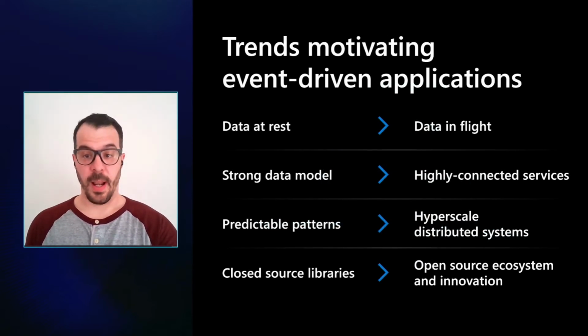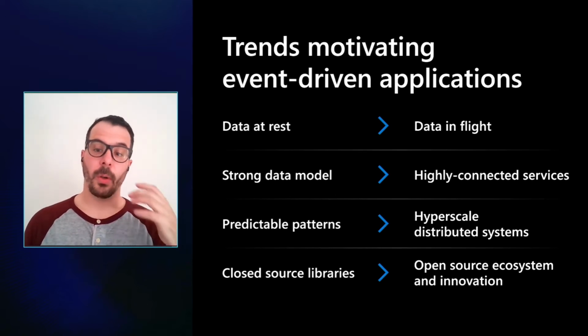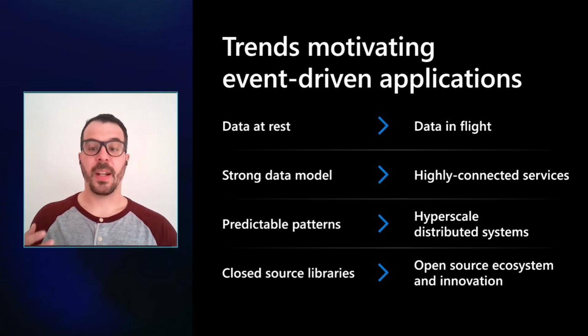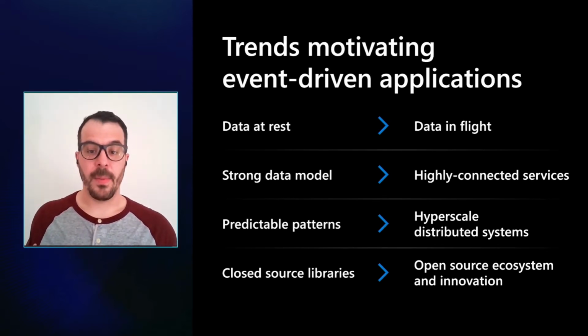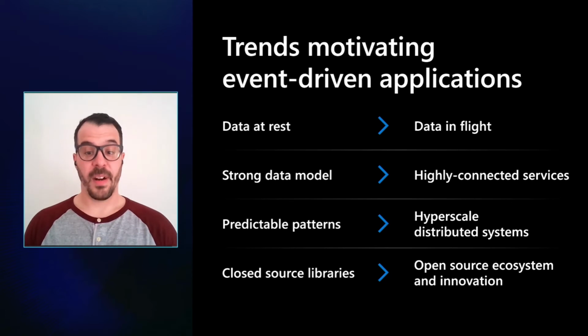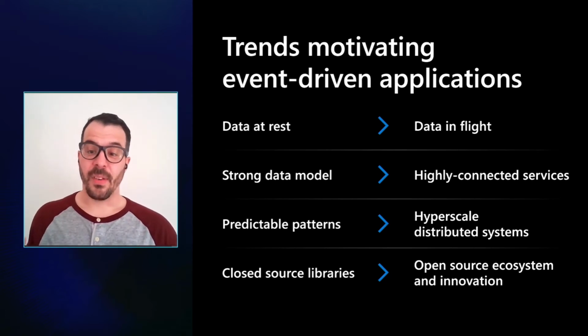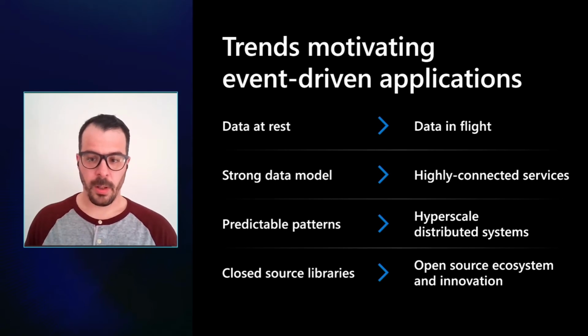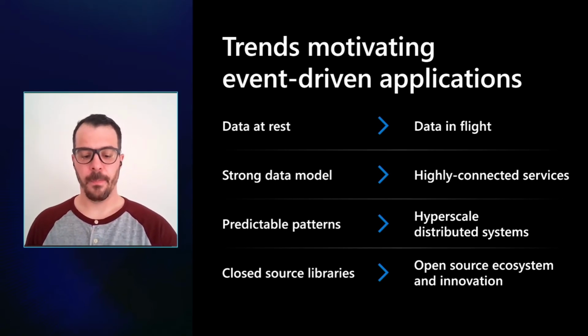There are multiple trends that help motivate event-driven applications. Apps are built less to update data, but to deliver results to connected applications. The primary focus is no longer to keep the data consistent for predictable request and response workloads, but to connect hyperscale distributed systems that can be very unpredictable. Finally, consistent databases have scalability limits, but an event stream as a data store can pretty much scale infinitely.